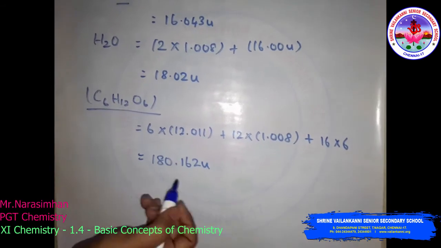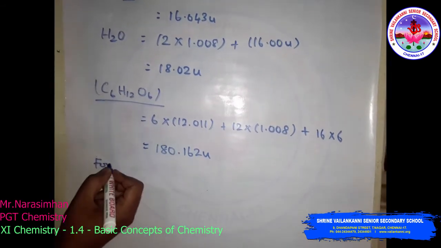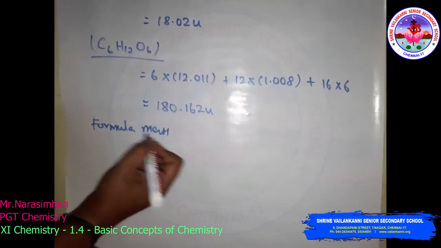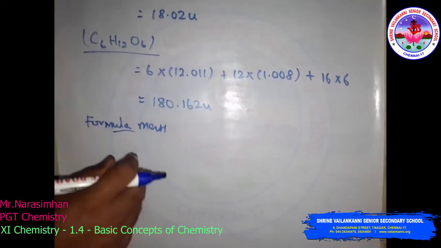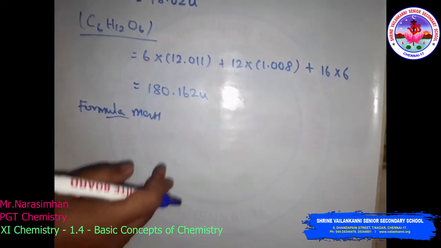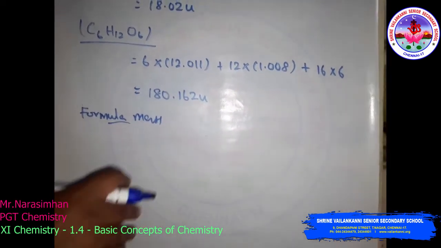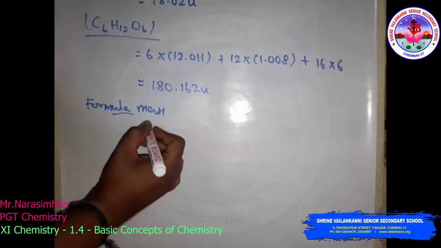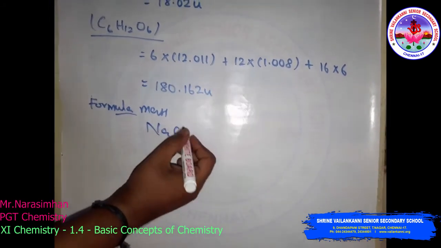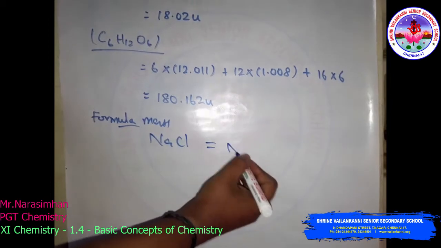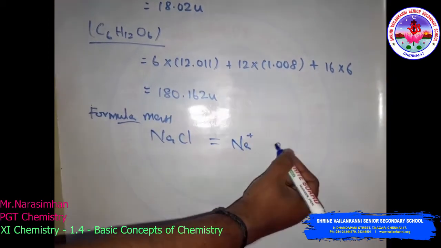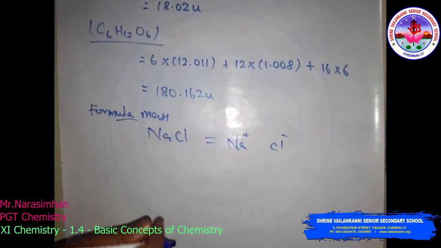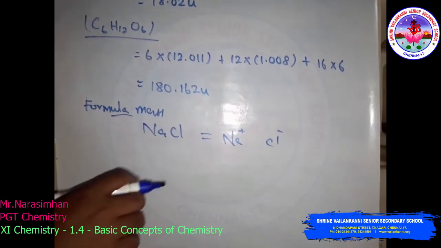The next is the formula mass. For example, sodium chloride does not contain discrete molecules as its constituent unit. In sodium chloride, Na plus and Cl minus, the sodium ion and the chloride ion, are in a 3-dimensional arrangement.